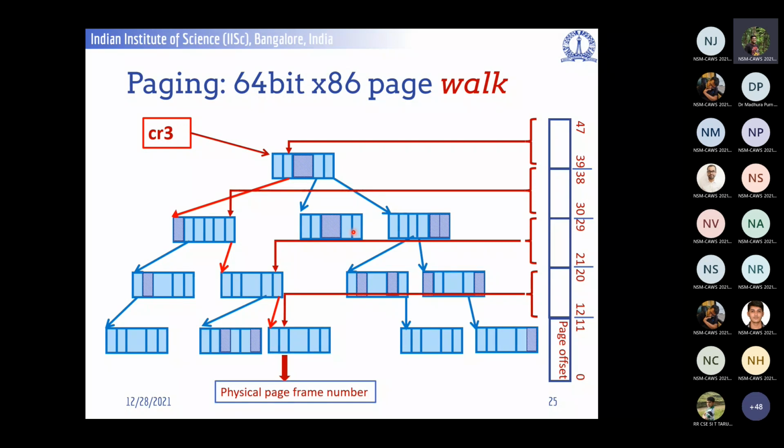Now here is a qualifier that we would not talk about in this class, as we cannot talk about advanced topics. There is a concept called large pages or huge pages to reduce the overheads of page walks, and there the page walks can terminate early. For example, if someone uses a 1 GB page, then for mapping a portion of a virtual space, it can terminate even in the second level.